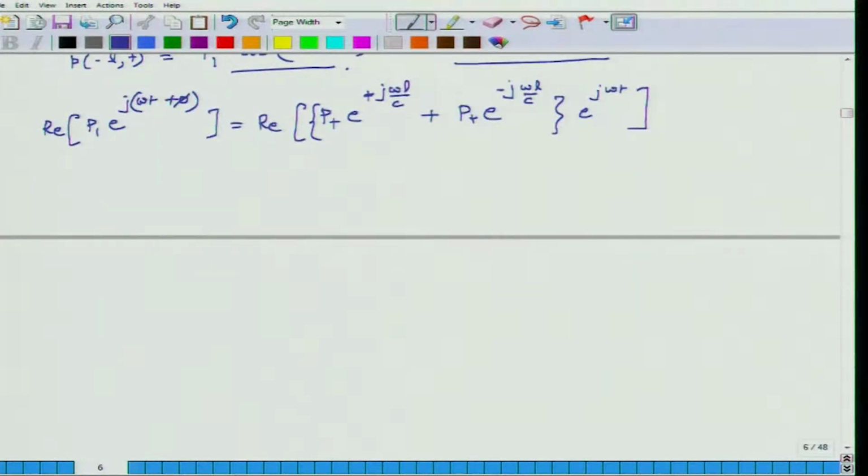Okay. So this equation will be valid only if the term inside the bracket equals the term inside the bracket on the left side. So what does that mean?